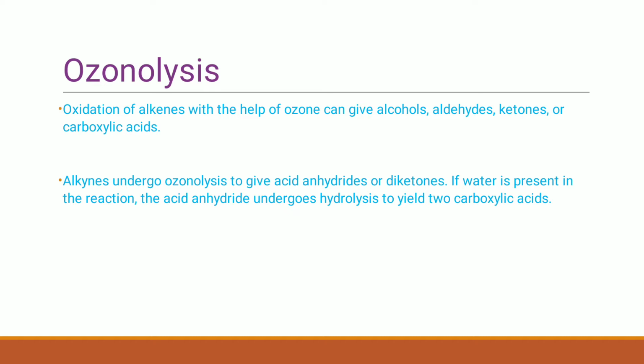The process of ozonolysis and its mechanism. We will study the ozonolysis process in class 11, in the chapter Hydrocarbons, during the chemical properties of alkenes. See, ozonolysis is the oxidation of alkene with the help of ozone, which can give alcohols, aldehydes, ketones, or carboxylic acids, depending on the oxidation.